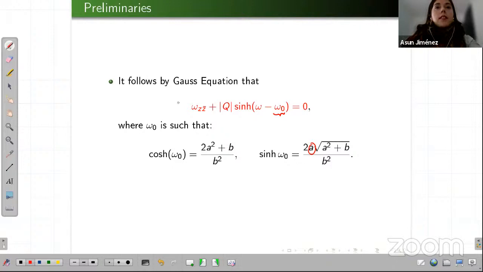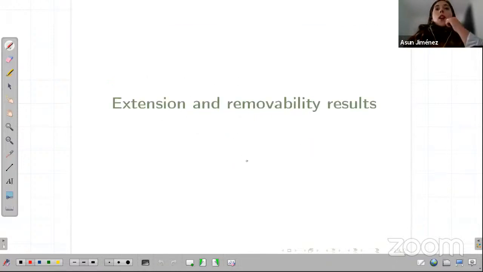This equation will appear along the talk a lot. So let me start with the first result about extension of the surface, and when can we say that the singularity is in fact removable, a removability result.